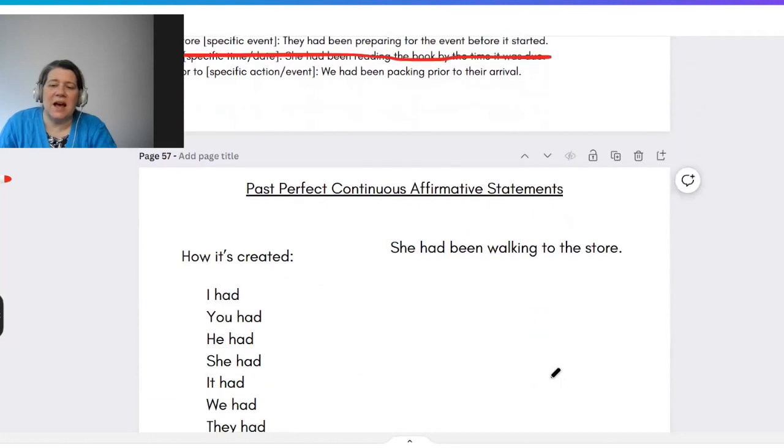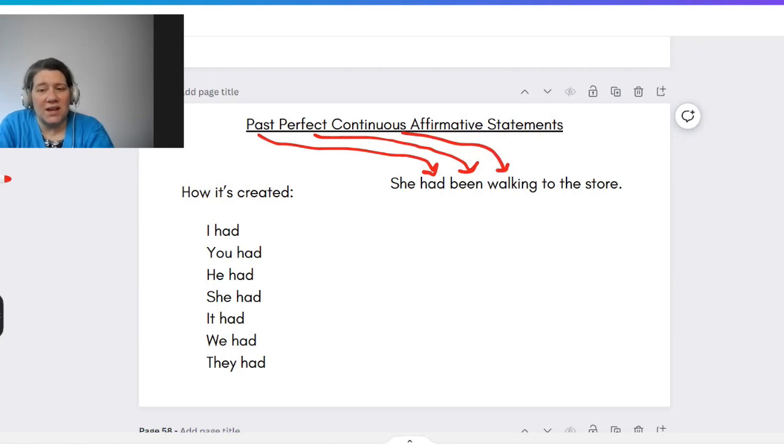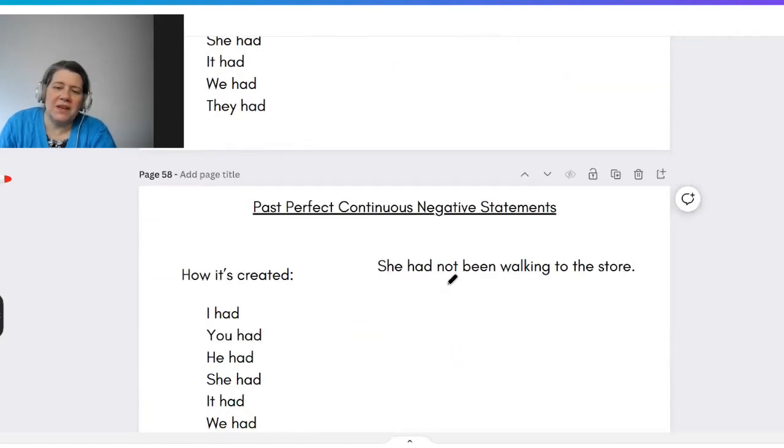All right, let's look at how it's formed. First, we have the past perfect continuous forms of the verb. She had been walking to the store. Okay? The negative, we're going to put the not between the first and the second verbs. The not goes behind this first verb. She had not been walking to the store.